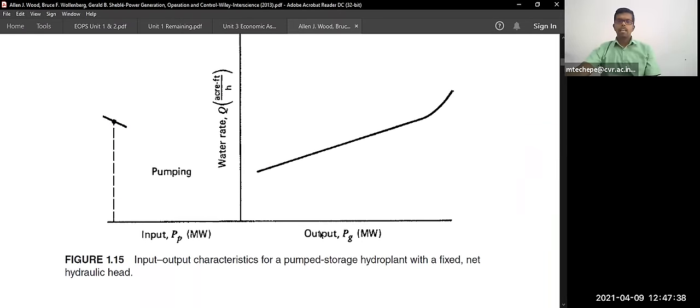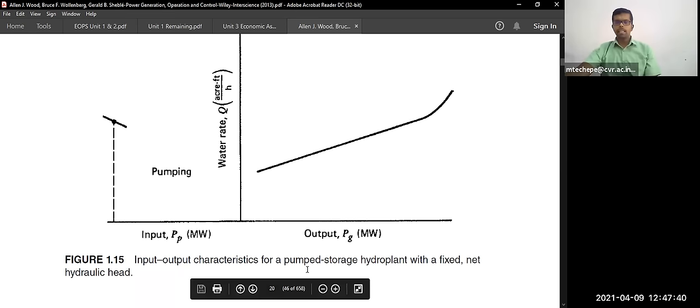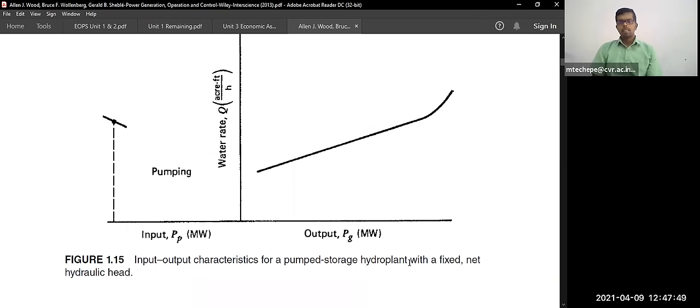Here what we are seeing is the pumped hydro storage plant. The concept is based on non-peak hours. For industrial, the peak hour is like morning 9 or 10 o'clock to afternoon 1 o'clock.